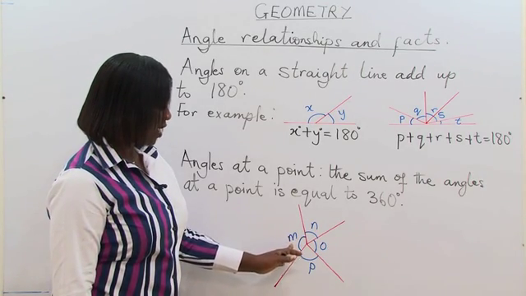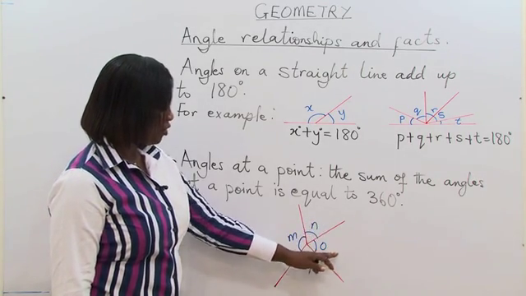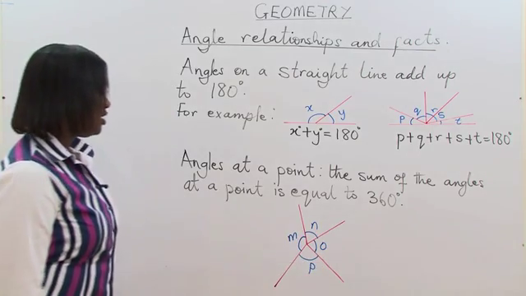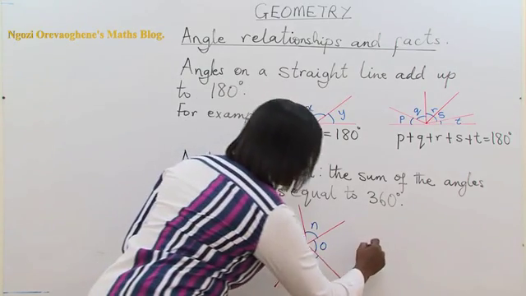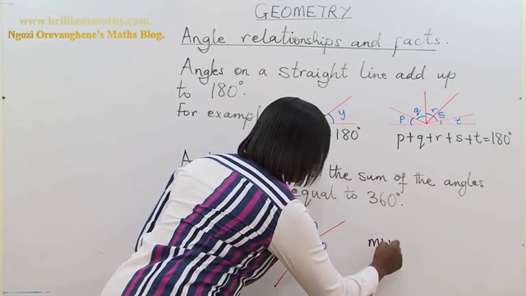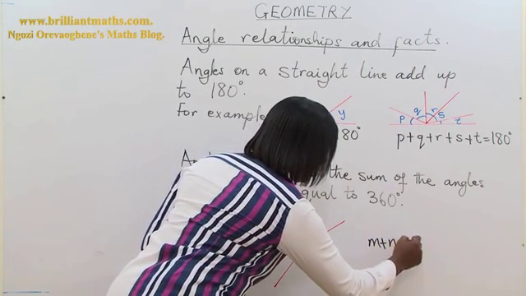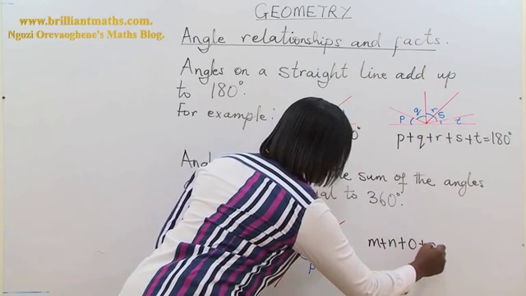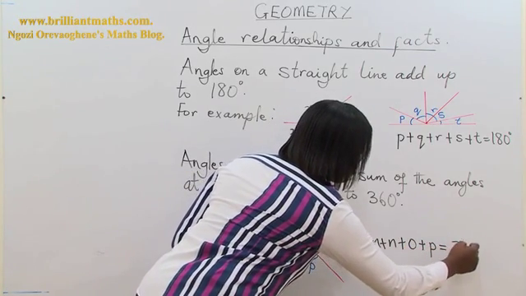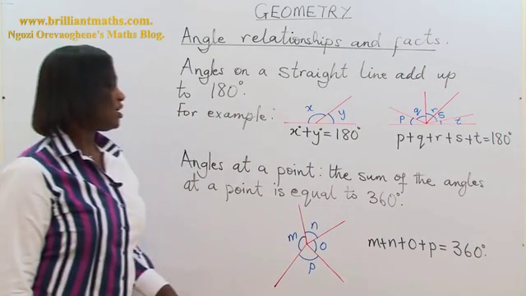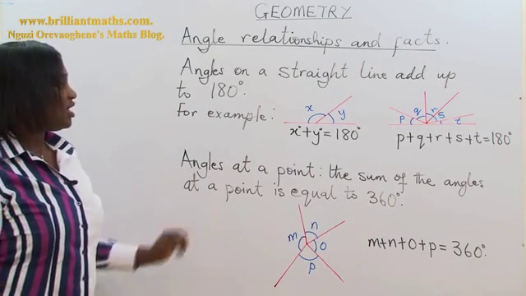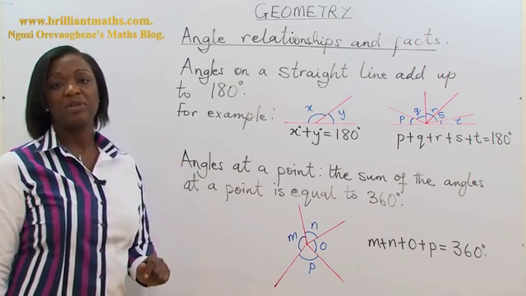So we have angle M, angle N, angle O, and angle P. Since they are angles at a point, that implies that M plus N plus O plus P is equal to 360 degrees. Having done this, let's work out some examples.